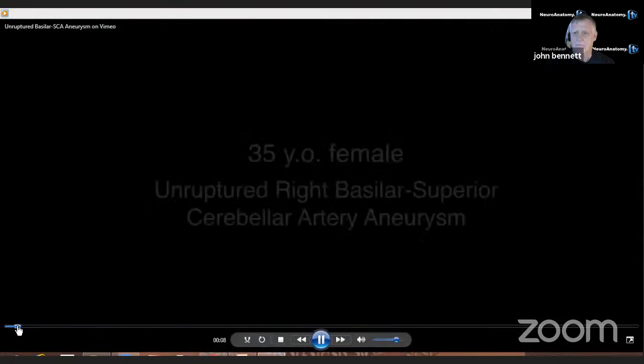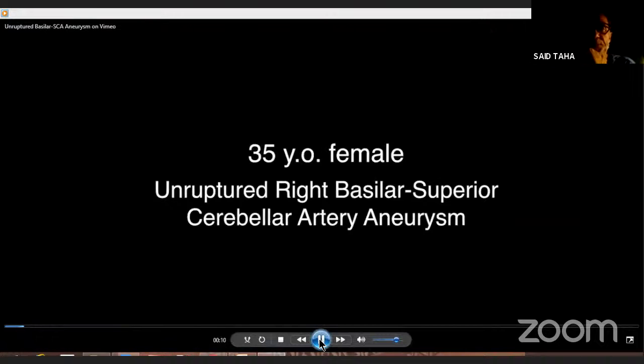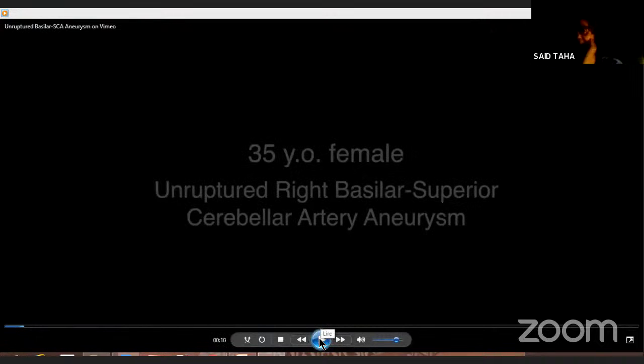This is a female of 30 years old with a right basilar and superior cerebral artery aneurysm, a ruptured aneurysm.